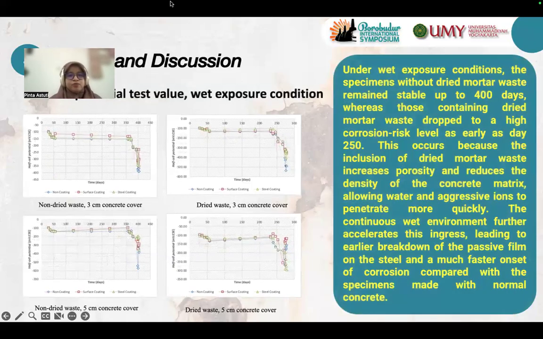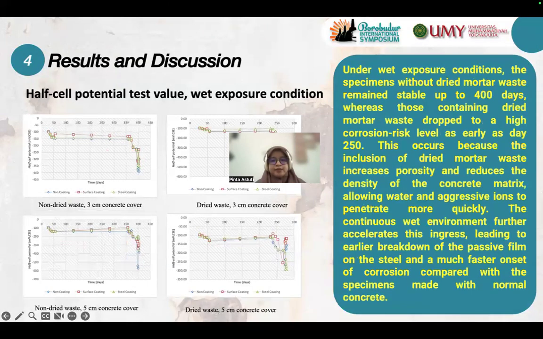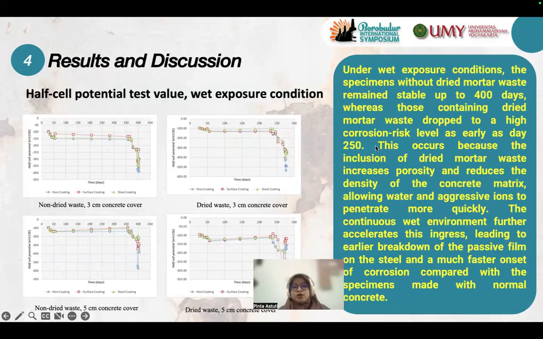And then we move to the wet condition. Under the wet exposure condition, the specimen without dried mortar waste remains stable up to 400 days, whereas those containing dried mortar waste drop to a high corrosion risk level as early as day 250.